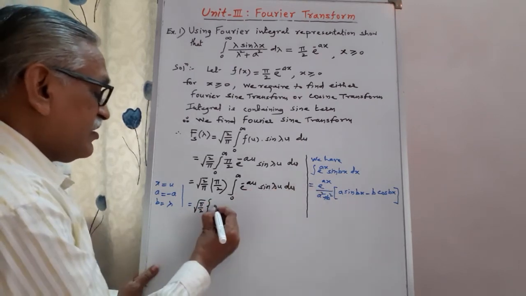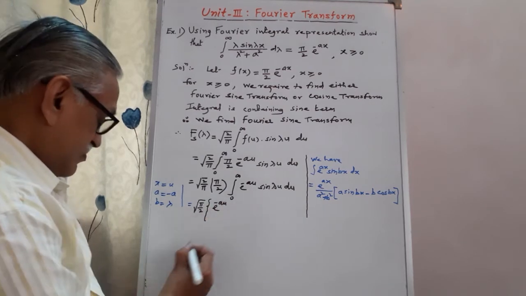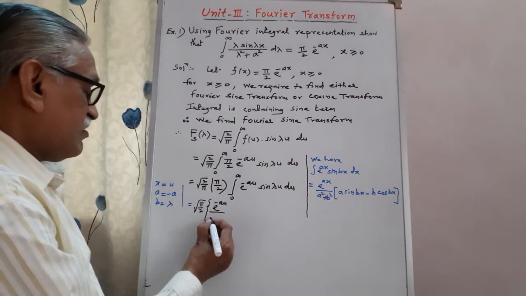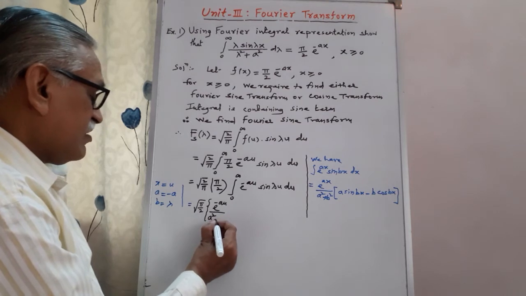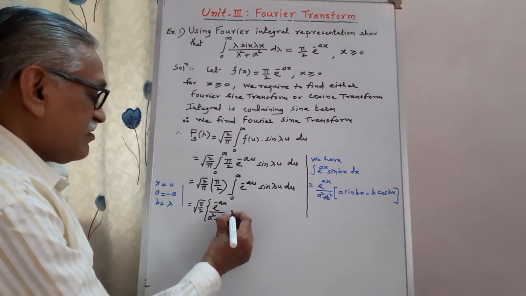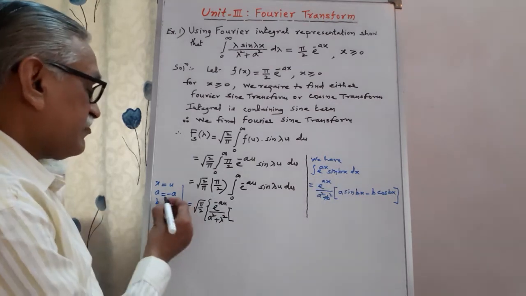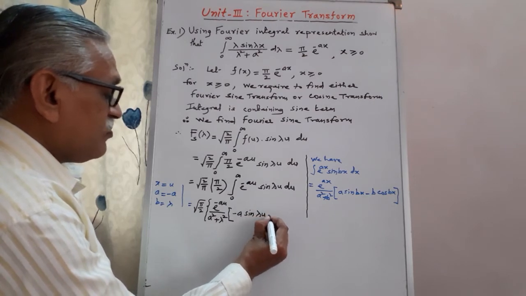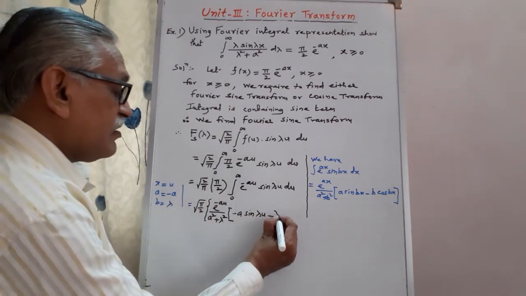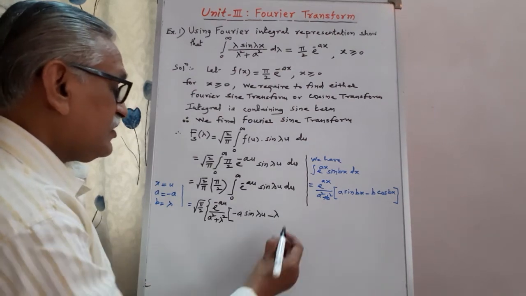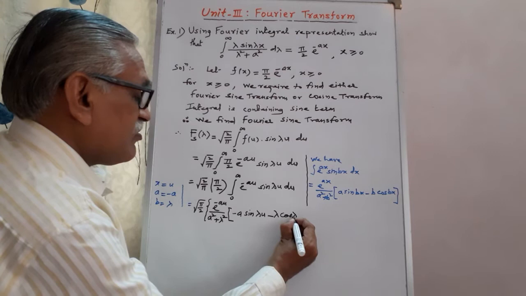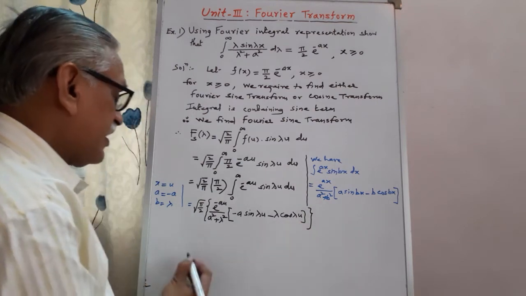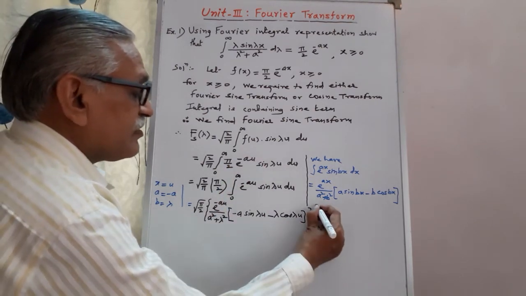First term is e raised to minus au divided by a square plus b square, minus a square is a square, b square is lambda square, multiplied by a sine bx, minus a sine of lambda u, minus b, lambda cos of lambda u, bracket close, outer bracket close, and the limits from 0 to infinity.